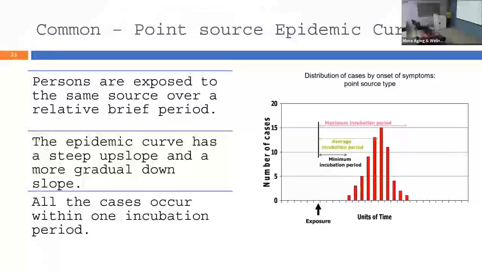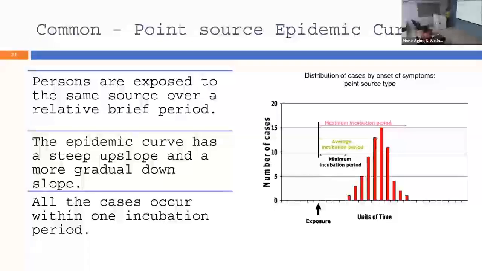So like secondary attack rates. If grandma went to the church picnic, got the disease, and then I, who did not go to the church picnic, got it from grandma, would it still be considered a common source or no? If she carried it home and then she came down with diarrhea and touched things, then that would be more propagated, because propagated will be more from person to person.